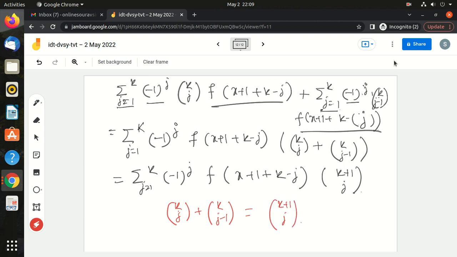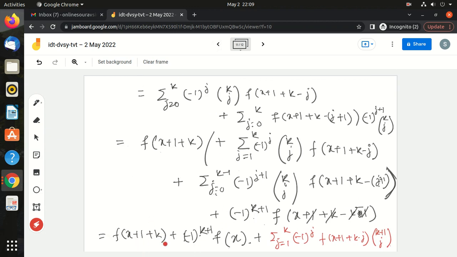Okay. So if you put whatever you have got there back in the equation, you have minus 1 whole to the power j, f of x plus 1 plus k minus j, k plus 1 choose j. So this is what you are getting.